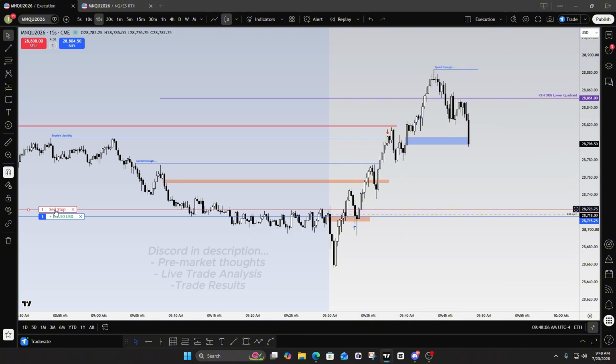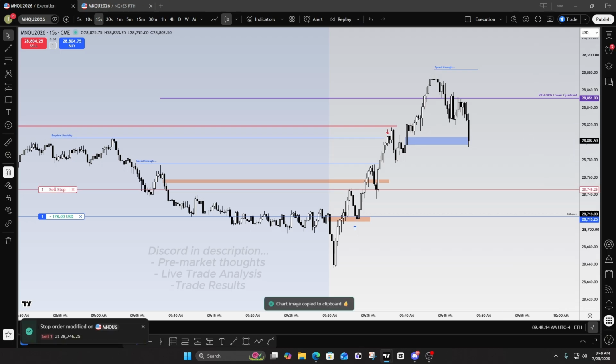So now I want to see this 15-second gap. Ideally, what I want to see is that, now that we're in it, it holds price higher. And once we get above the new highs that I've marked out, I adjust my stop to whatever low it places in.